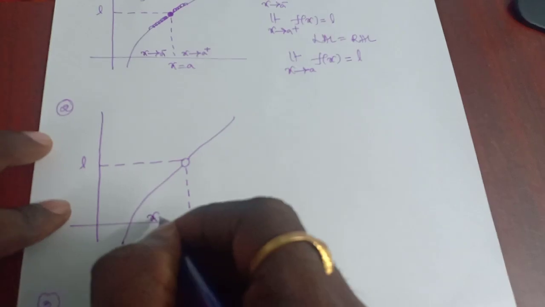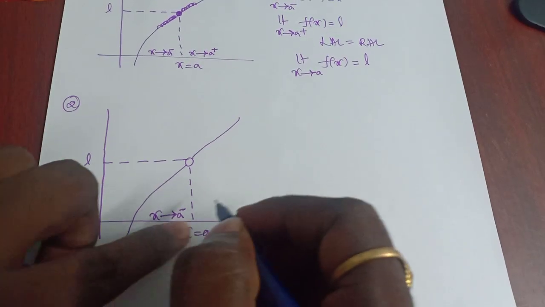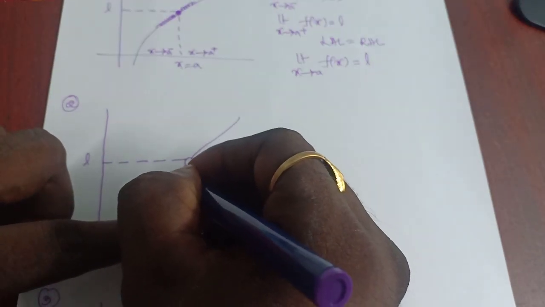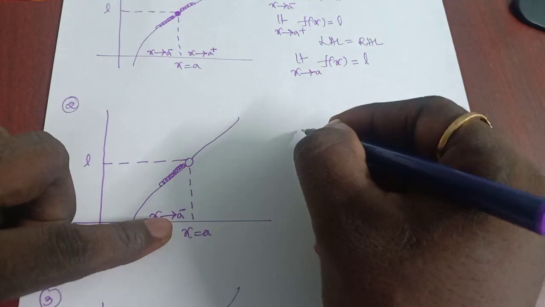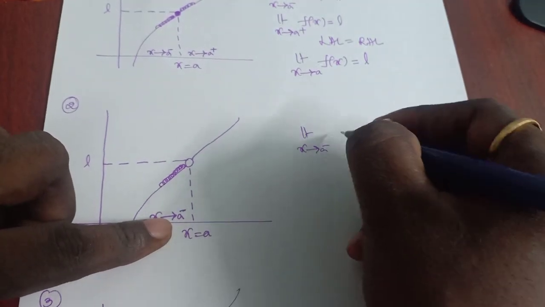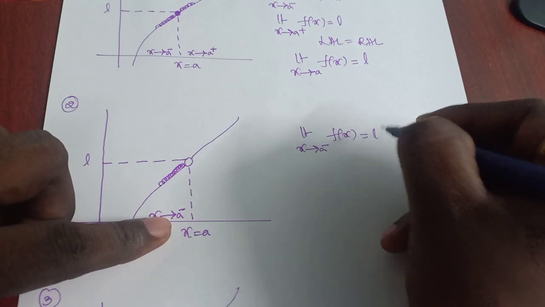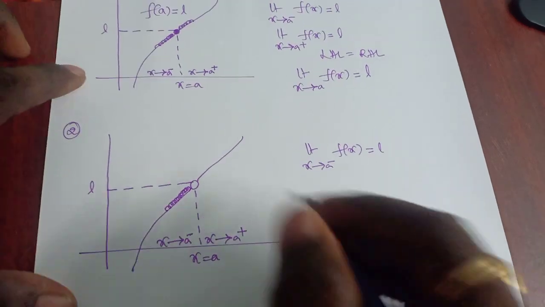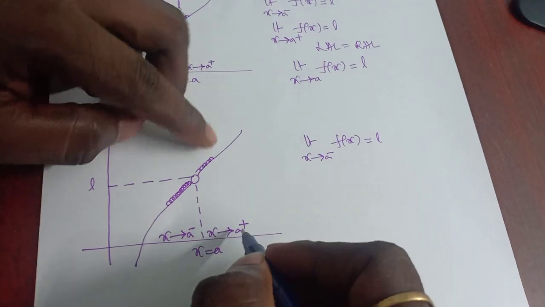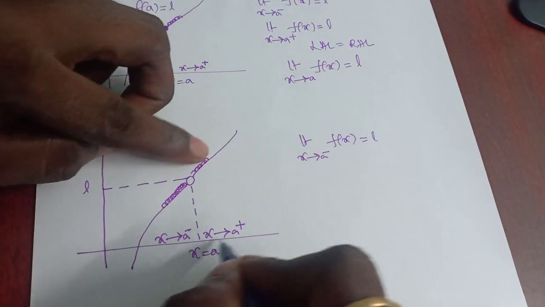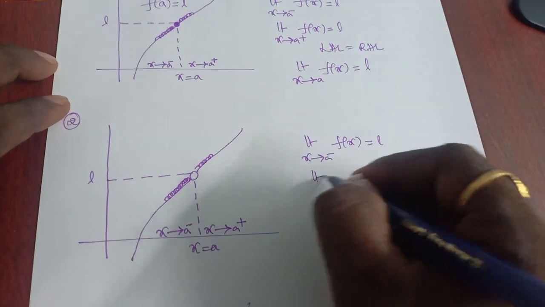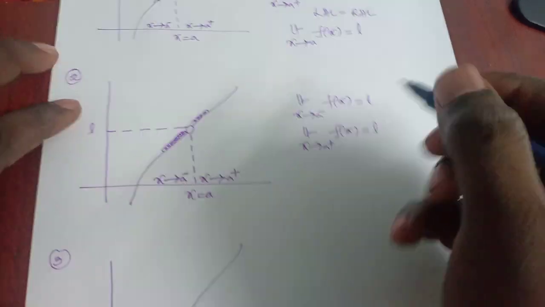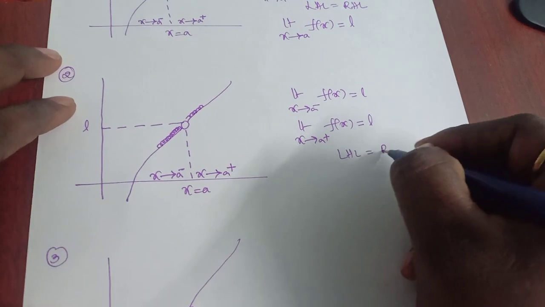As x value approaches a from the left side, the function value approaches L. So limit x tends to a minus f of x is equal to L. As x value approaches a from the right side, that means x tends to a plus, the function value approaches L, which means limit x tends to a plus f of x is also equal to L. Here also the left hand limit is equal to the right hand limit.